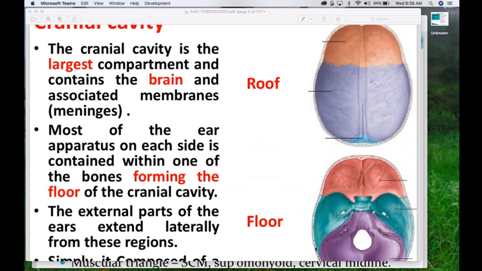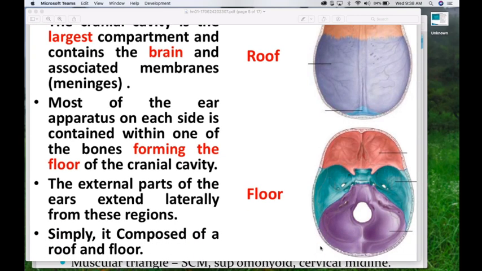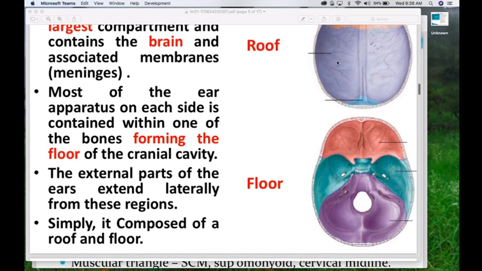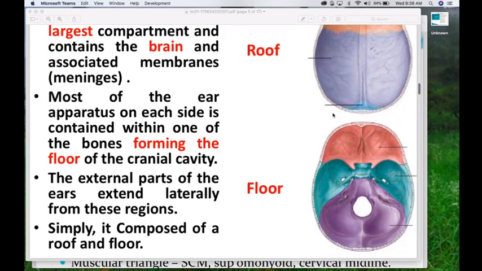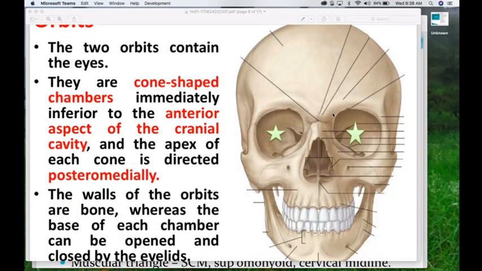Most of the ear apparatus on each side is contained within a bone forming the floor of the cranial cavity, and the external part of the ear extends laterally from these regions. So simply it is composed by roof and floor of the cranial cavity. Now the two orbits contain the eyes.